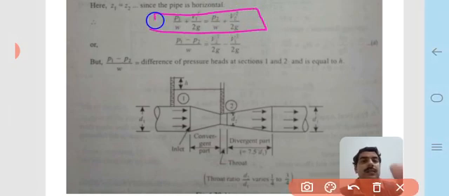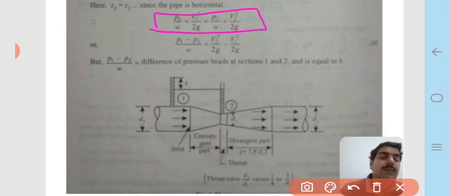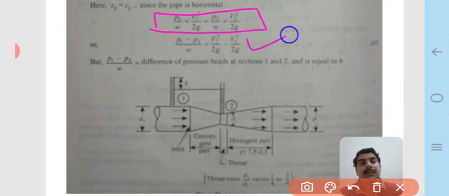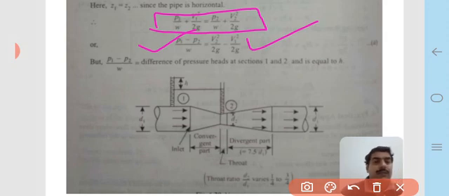We get P1/w + V1²/2g = P2/w + V2²/2g. Rearranging, the pressure energy is separated to one side and the kinetic energy, the velocity part, to the other side.